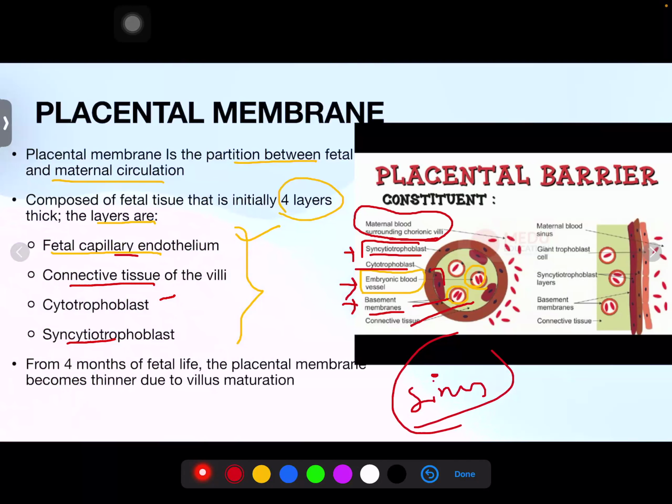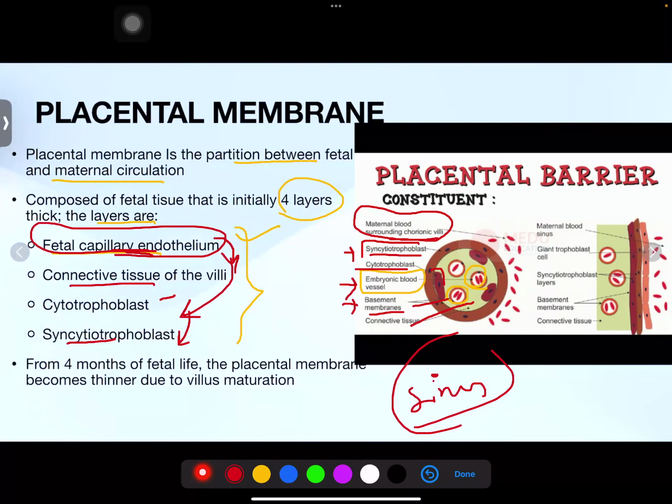So the fetal blood is inside the fetal capillaries. The exchange occurs through the fetal capillary endothelium, then the connective tissue, then the cytotrophoblast, syncytiotrophoblast, and then the maternal blood. After the 4 months of fetal life, the placental membrane becomes thinner due to villus maturation. So it becomes thinner later on in the pregnancy.